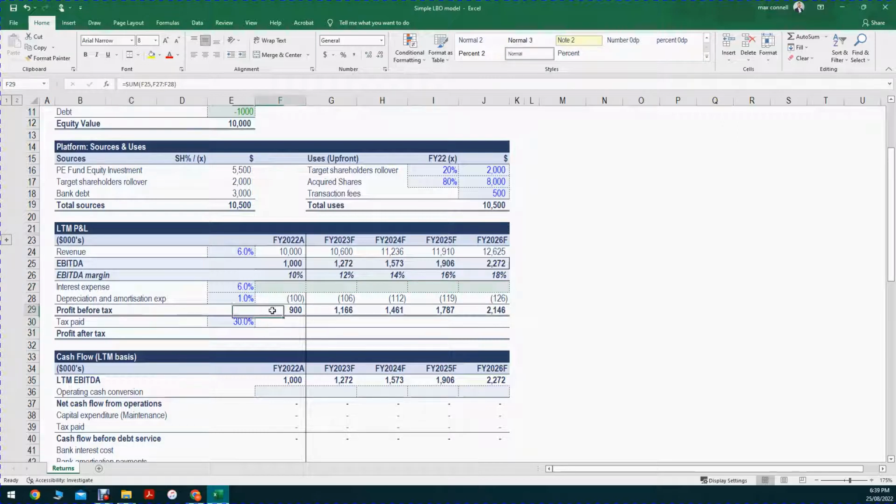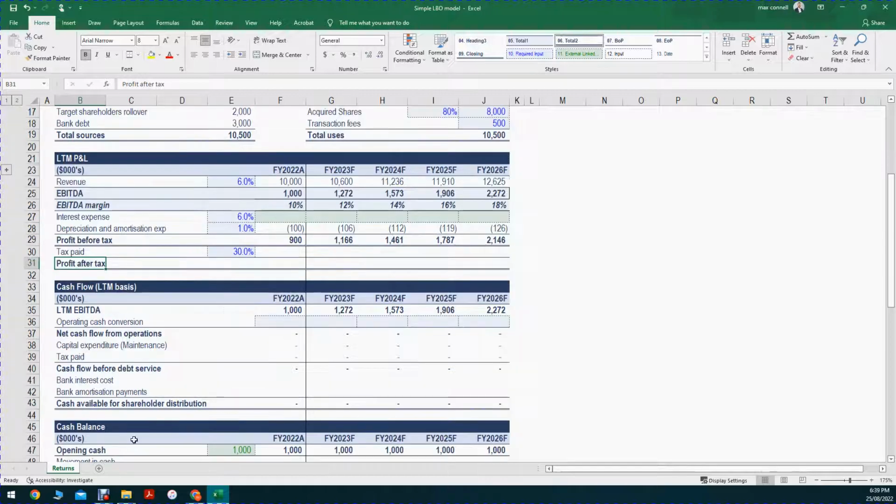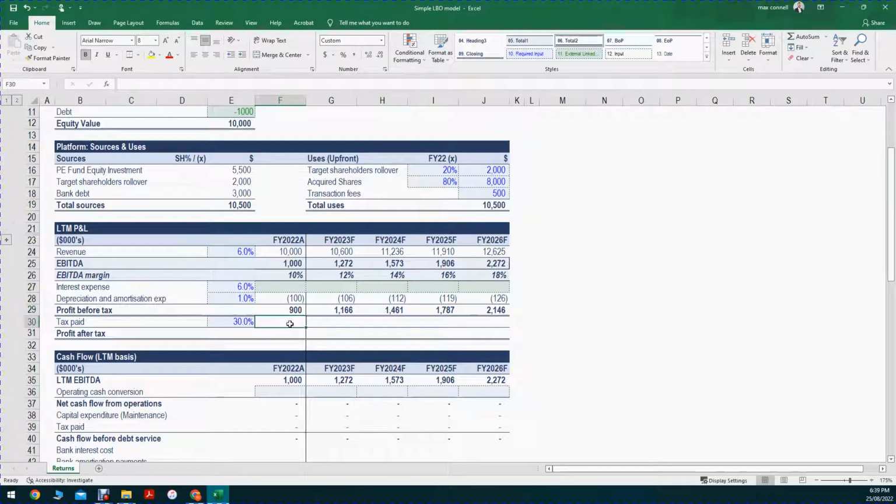Now we also know that this company needs to pay tax, right? So we need tax because later when we calculate the cash flow, we need to know how much cash is being paid out of the business for tax. And tax we can't just calculate straight off EBITDA because there's also deductions down here. So what we need to do is times this by this.